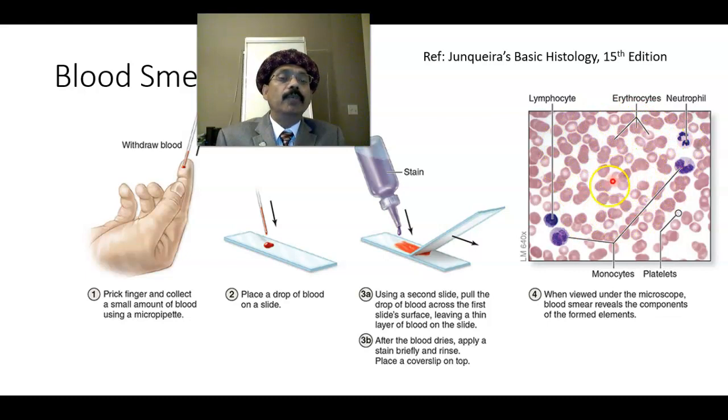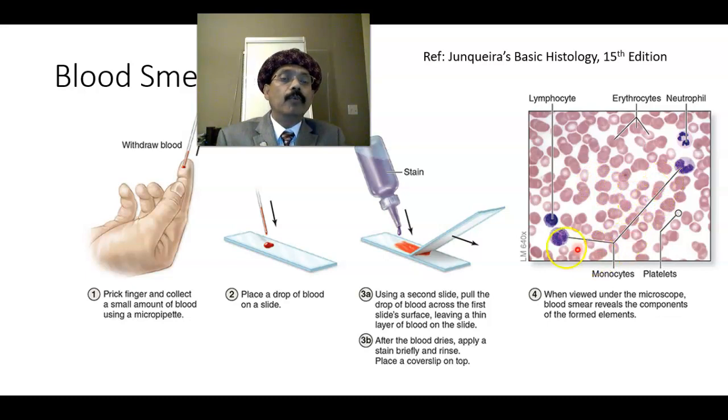We are looking at the RBCs, a lot of RBCs. The central part of the RBC is usually pale. The periphery is thicker and non-pale. This is because it is biconcave, to accommodate the maximum amount of hemoglobin inside it.